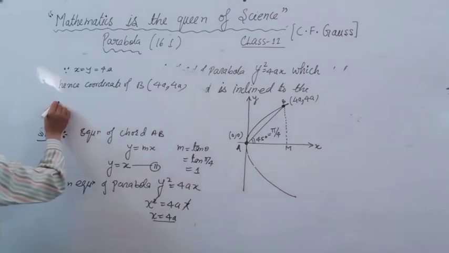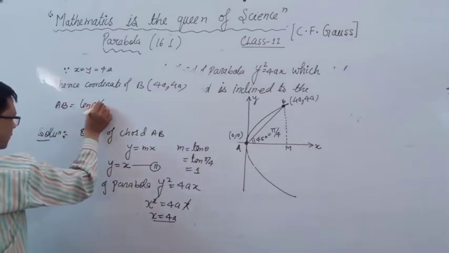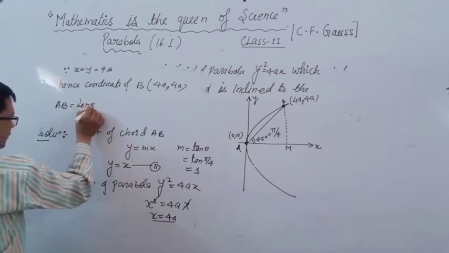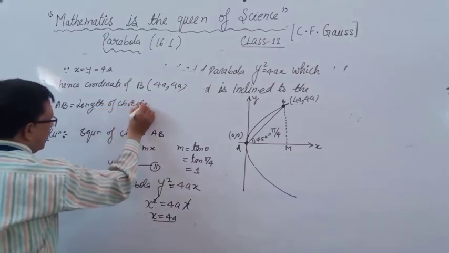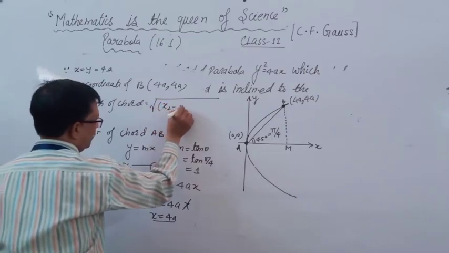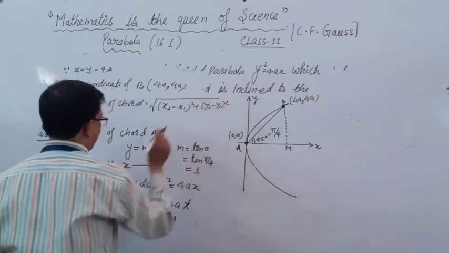Now we are going to find the distance AB, the length of the chord, by applying the distance formula: square root of x2 minus x1 whole square plus y2 minus y1 whole square.